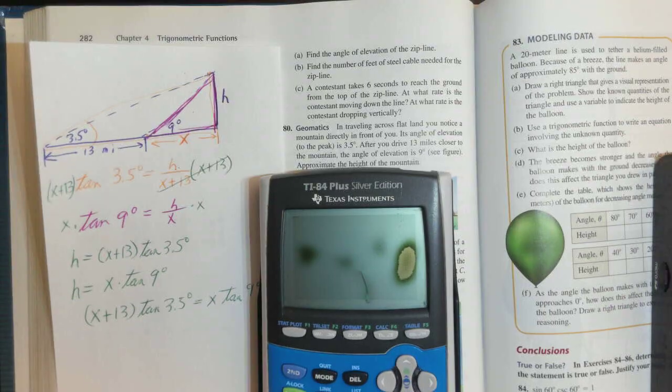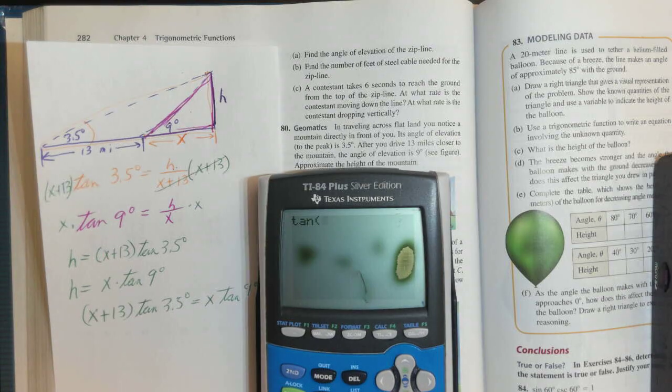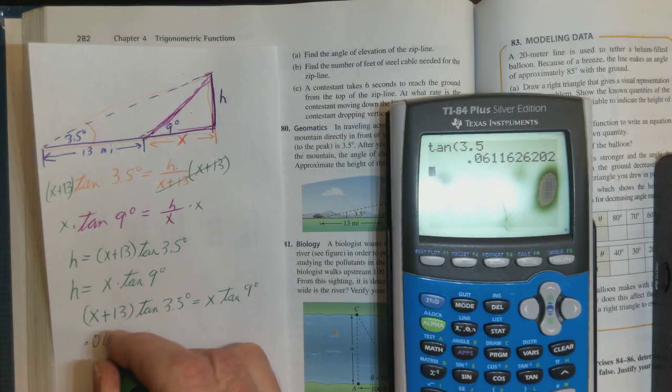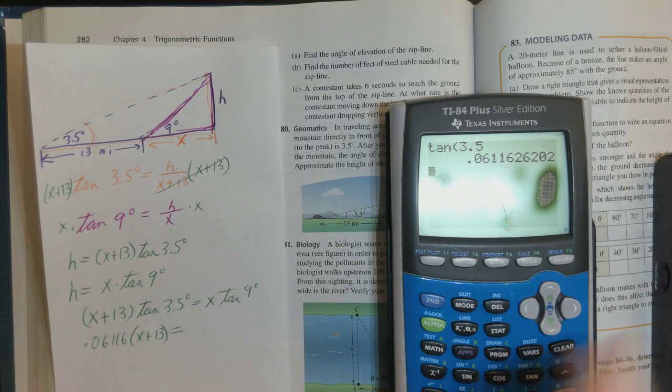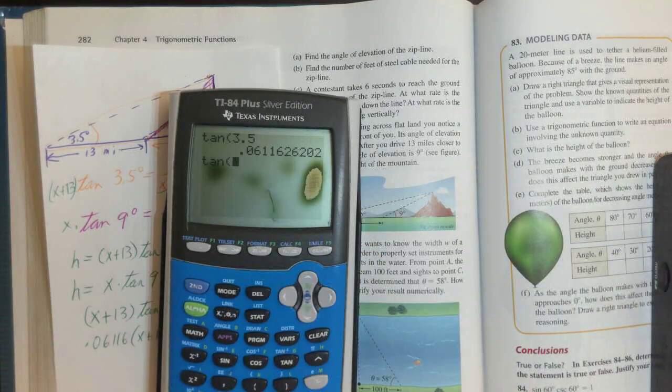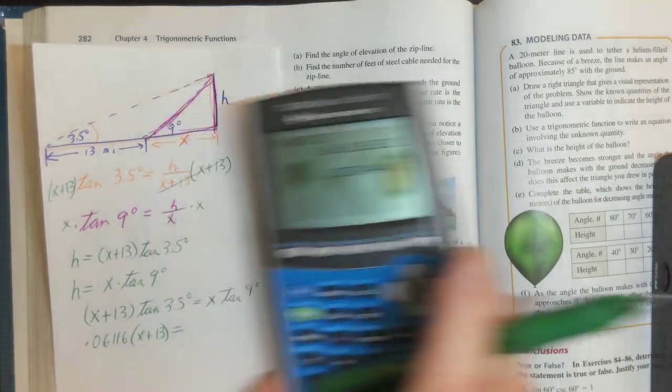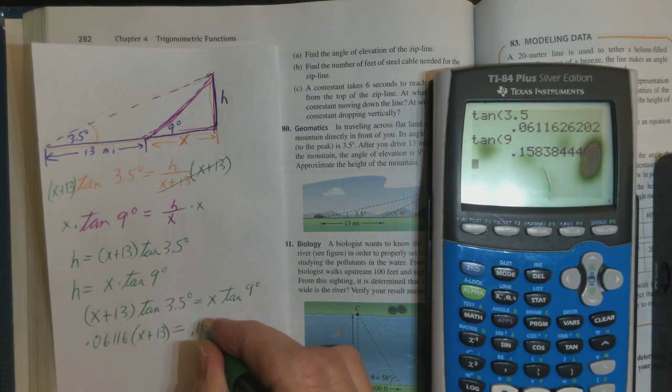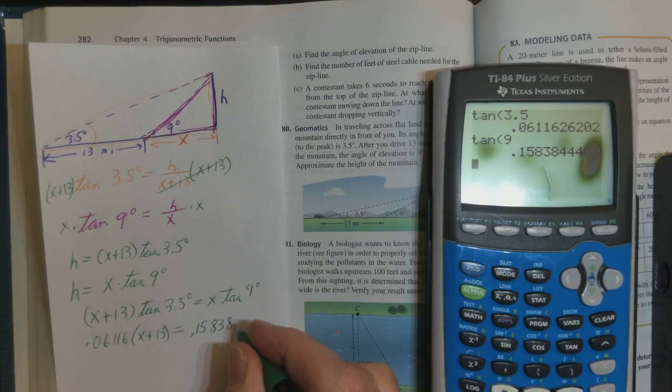I'm going to take the tangent of 3.5 degrees, and I get 0.06116. I'm going to go that far. 0.06116 times x plus 13 is equal to the tangent of 9 degrees, 0.15838x.